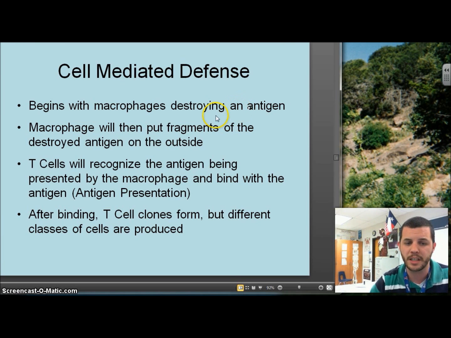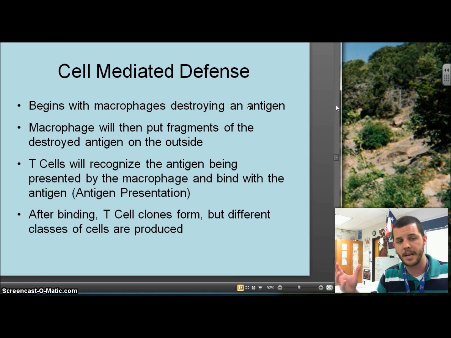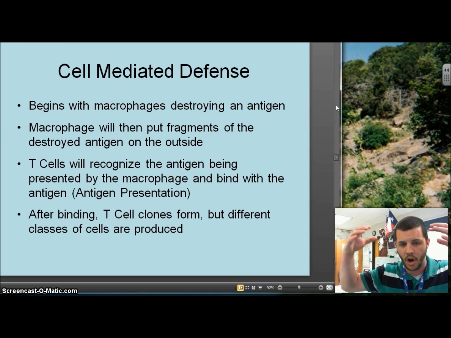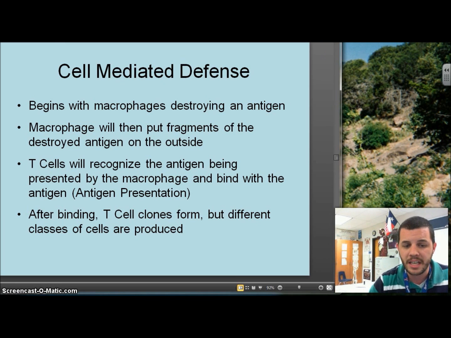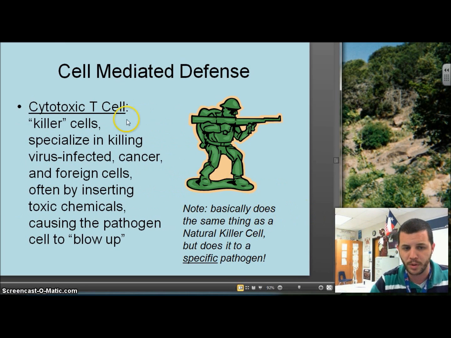Cell-mediated defense, it says this begins with the macrophages, which destroy the antigen. The macrophage then is going to put the antigens on its surface so that T cells can come by and recognize the antigen and then bind with the antigen. It says after binding, T cell clones form, but different classes of cells are produced. We've got cytotoxic T cells, which are also known as killer cells.